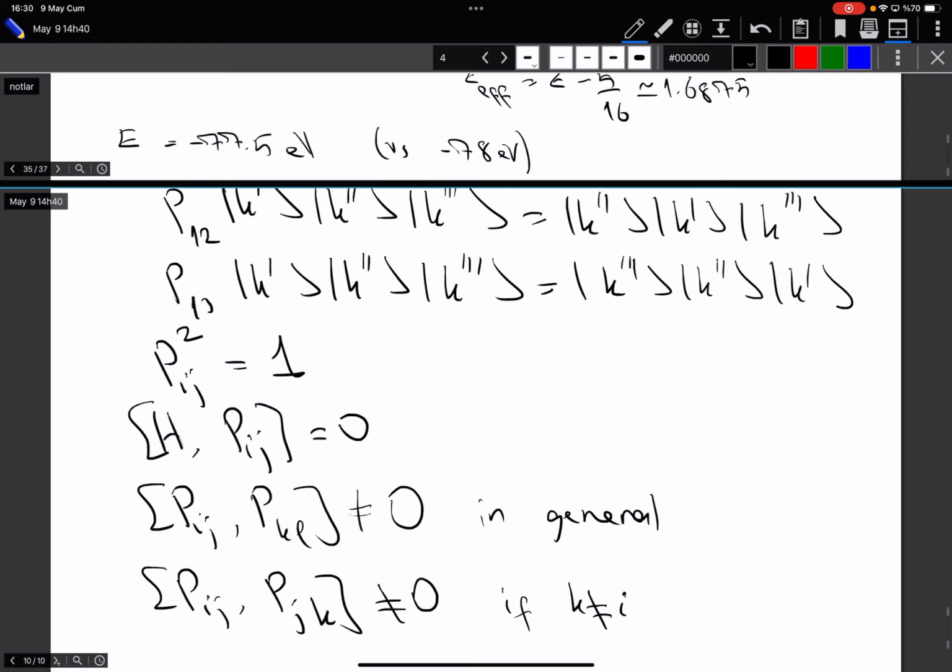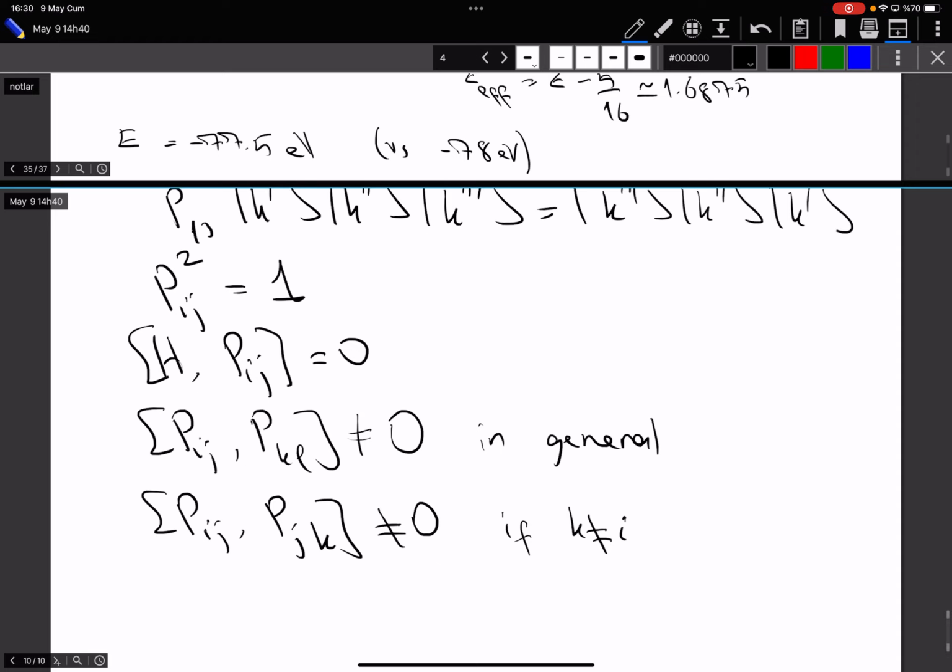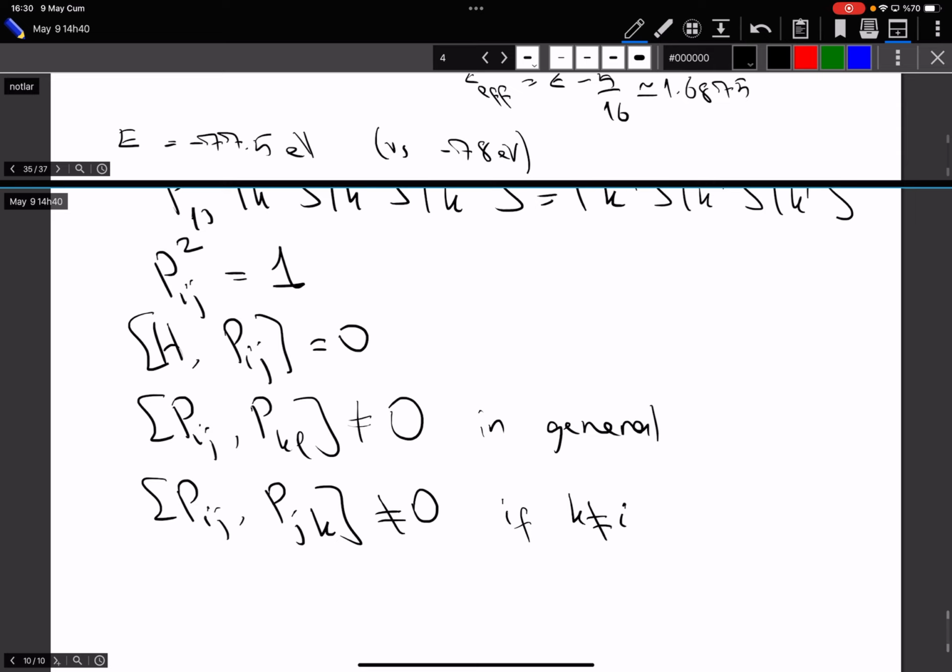So they don't commute. What this basically tells me is that I have states which are not eigenstates of all of them. I can have states which are eigenstates of all the exchange operators, completely symmetric states or completely anti-symmetric states. But I will also end up having states that are neither completely symmetric nor completely anti-symmetric.